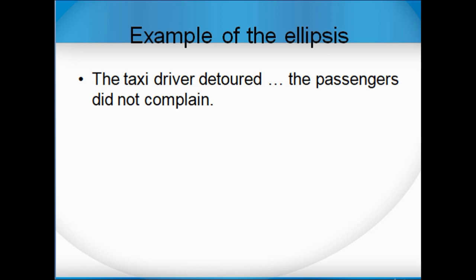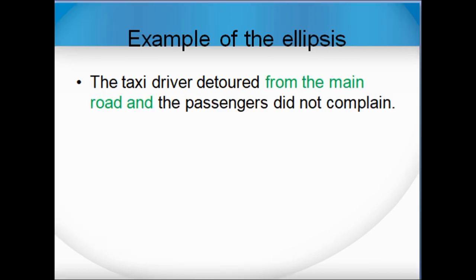So let's look at the sentence before we use the ellipsis. The taxi driver detoured from the main road, and the passenger did not complain. The words in green were the words that were intentionally deleted. And if you read this sentence and the sentence before, you will still have the same idea.